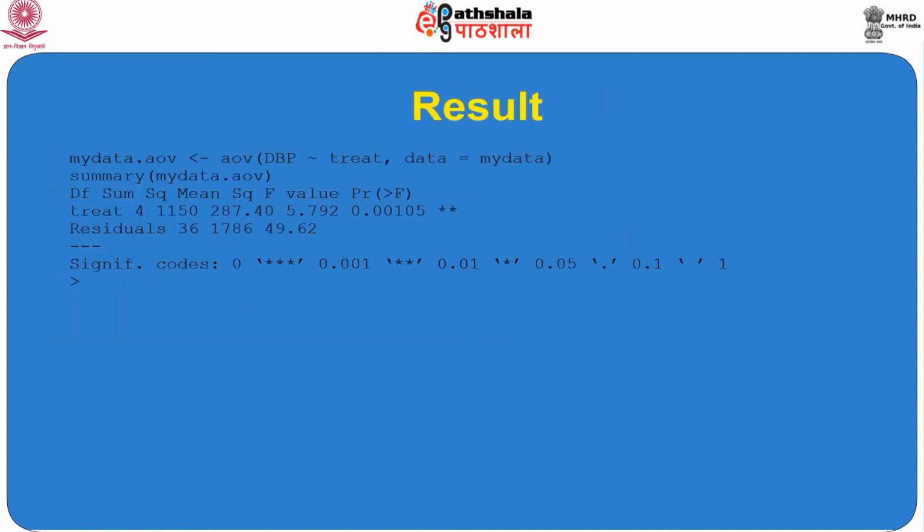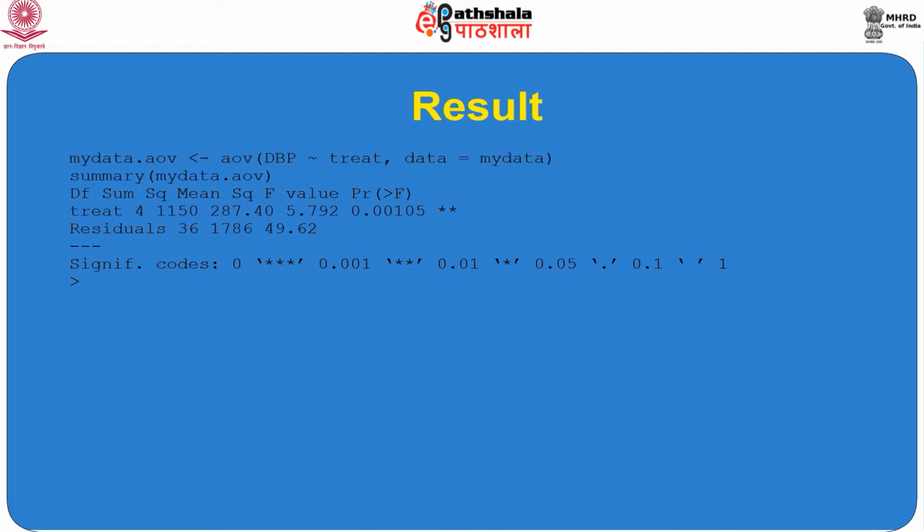Now the results obtained by applying aov on BP, that is diastolic blood pressure, and treatments. Once we take the summary of mydata.aov, it shows that treatment-wise there is a significant difference present, as the p-value is 0.00105.